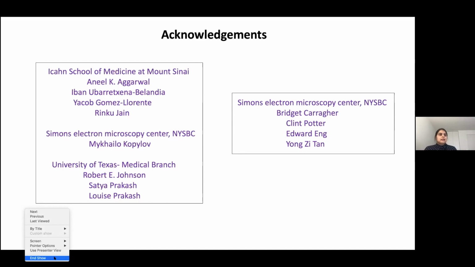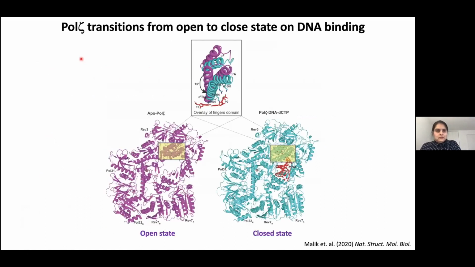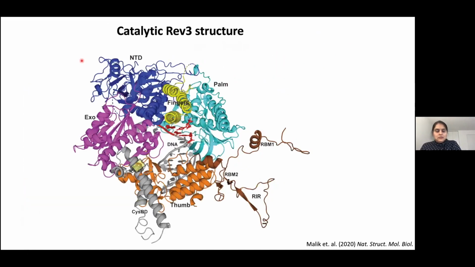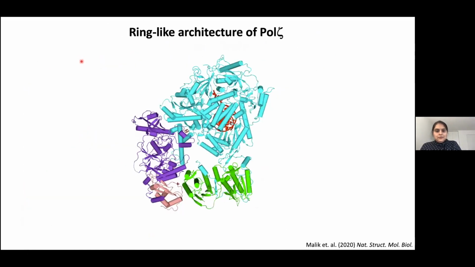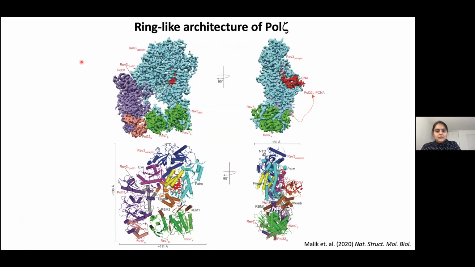Yeah, so if I can go back to my slide again. If you look at the molecule, it's quite flat. And this orientation is only 60 angstroms.